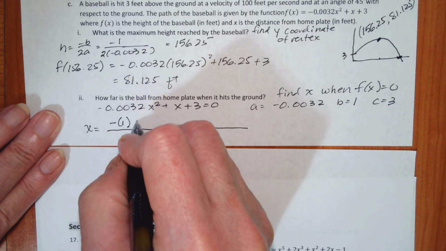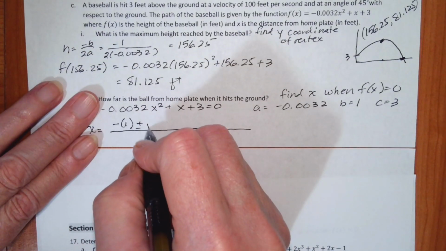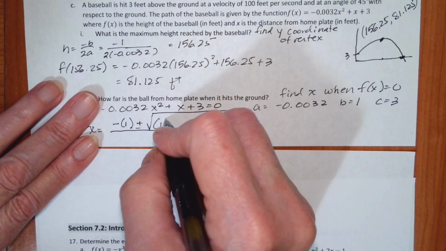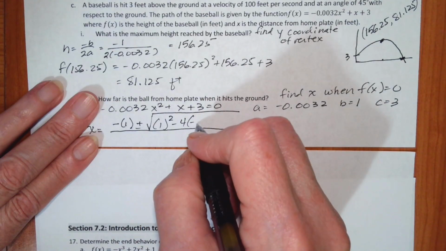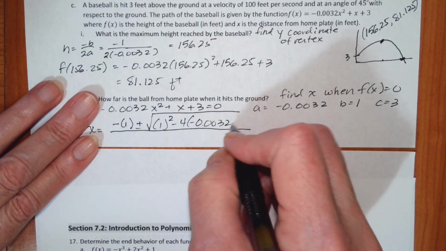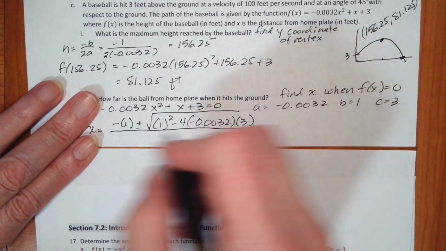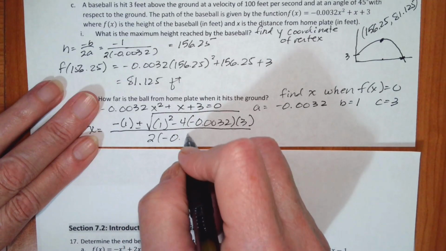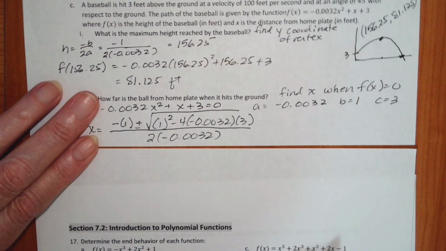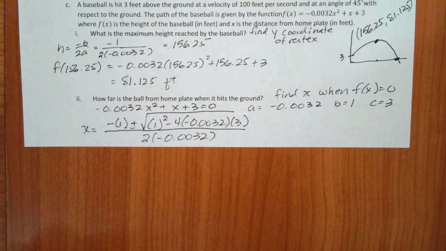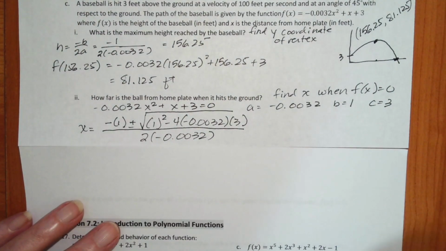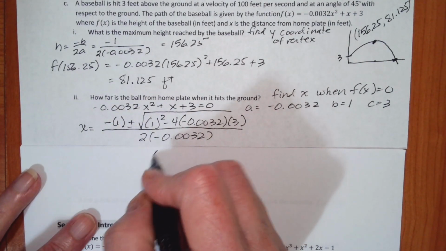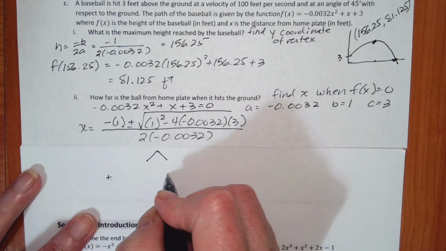the opposite of b plus or minus the square root of b squared minus 4 times negative 0.0032 times c, all divided by 2 times negative 0.0032. So let's just go ahead and split it up into the plus and the minus.